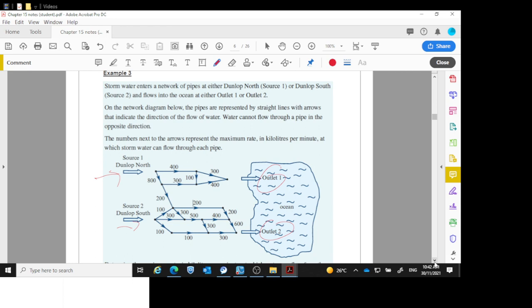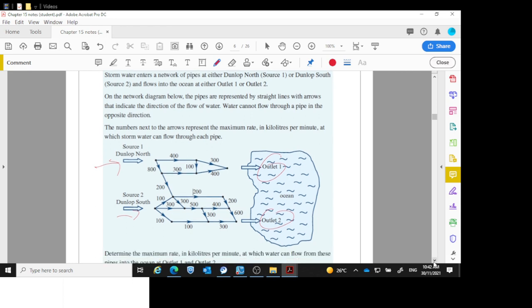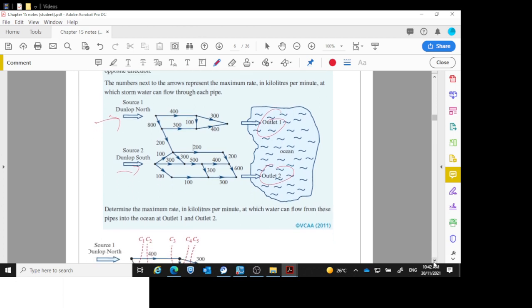Water cannot flow through a pipe in the opposite direction. The numbers next to the arrows represent the maximum rate in kilolitres per minute at which storm water can flow through each pipe. Determine the maximum rate in kilolitres per minute at which water can flow from these pipes into the ocean at outlet 1 and outlet 2.